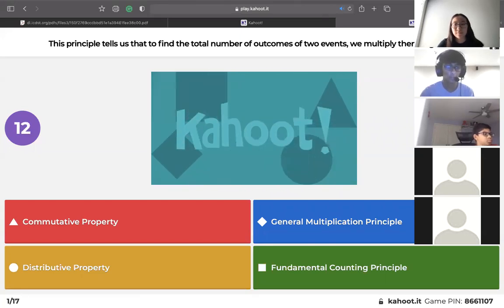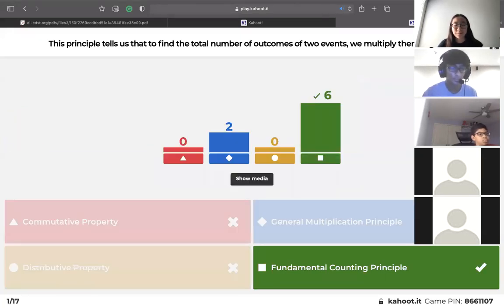Guys, it's red. All right, so no, it's yellow. So this is the fundamental counting principle, which also happens to be the only principle we talked about in class today. So 2 of you picked general multiplication principle for some reason. But yeah, this fundamental counting principle, if you want to find the total number of outcomes of 2 events, you have to multiply them together.